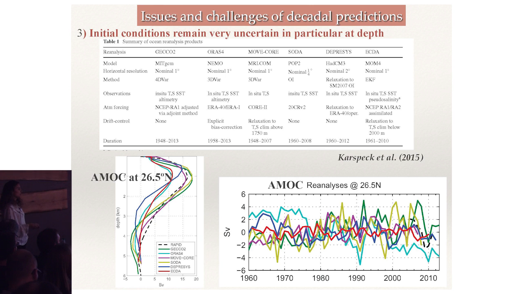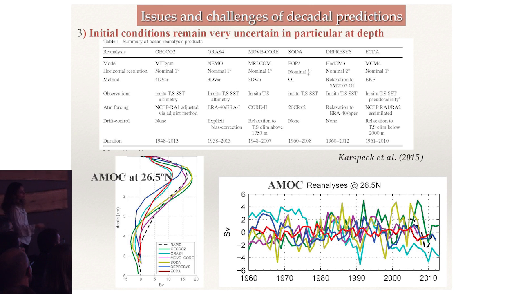So when we start looking at the different reanalysis, as was done in this paper by this intercomparison of reanalysis that were used for this decadal prediction, this is shown just for the AMOC at 26.5 north, you can see that even though these are all from reanalysis that were used for decadal prediction that ingest temperature and salinity, they ingest about the same data, but this is what they show in terms of the variability for the AMOC.